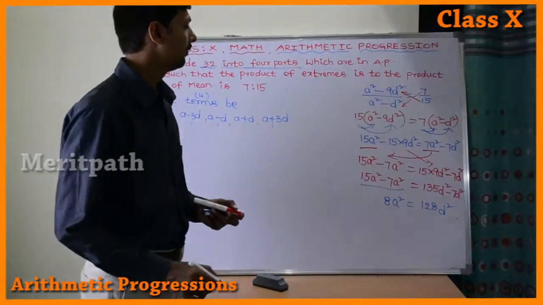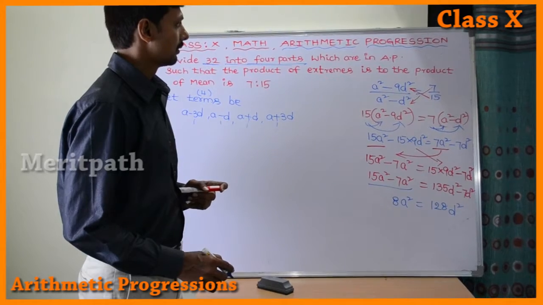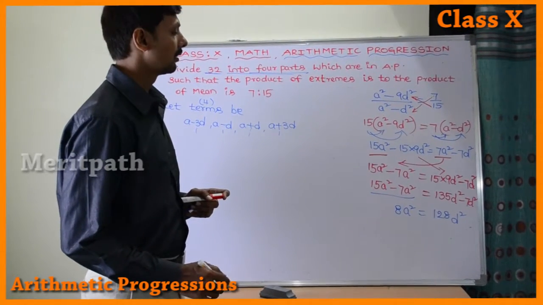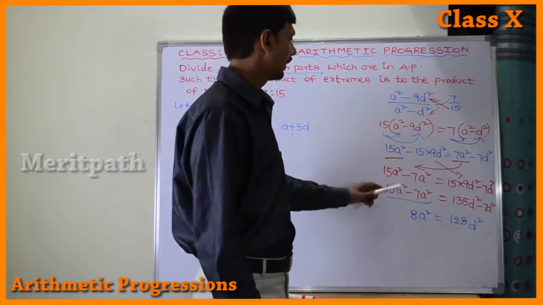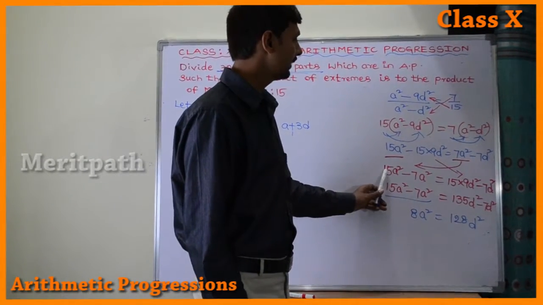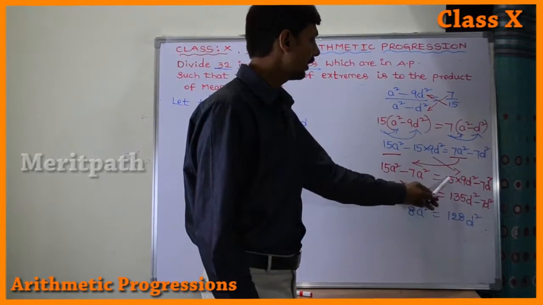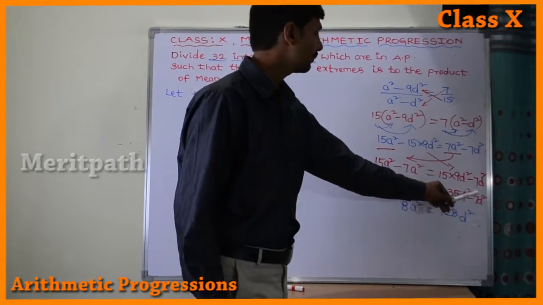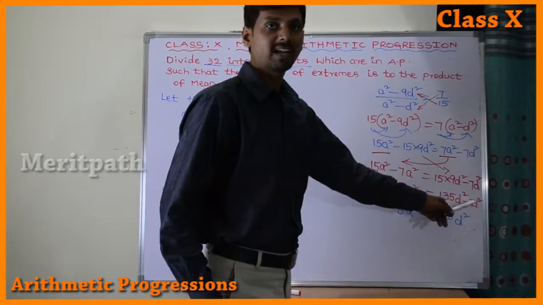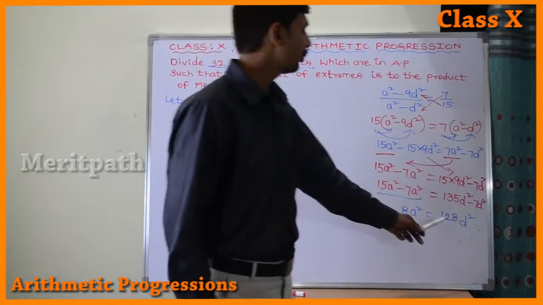So we need to find out the value of a and d. When we subtract 15a square minus 7a square, we get 8a square, and when we multiply 15 into 9, we got 135d square minus 7d square. After subtraction of these two, 135 minus 7, we got 128.